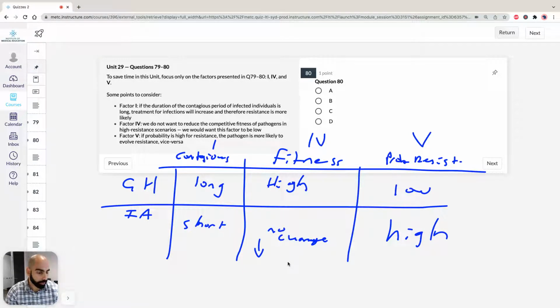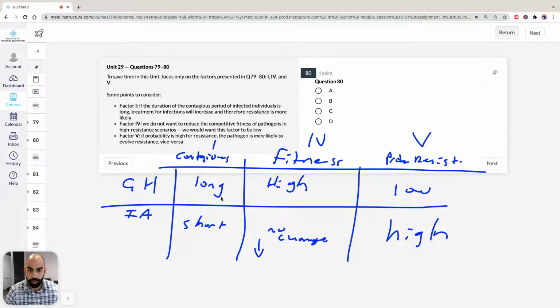So if compared with influenza A, genital herpes is most likely to evolve resistance, whether more quickly or more slowly. Let's have a look. It says more quickly because of both 1 and 4.